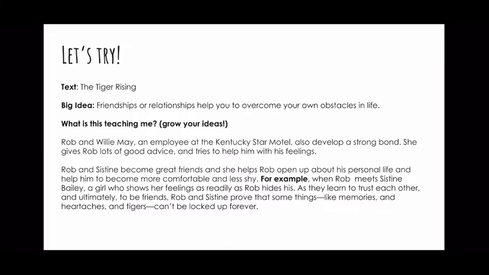But then as they learn to trust each other and ultimately become friends, Rob and Sistine prove that some things like memories and heartaches and tigers can't be locked up forever. So that was just some ideas to get my mind going. I just started growing my idea back to my theme of friendships and relationships can help overcome obstacles in life.